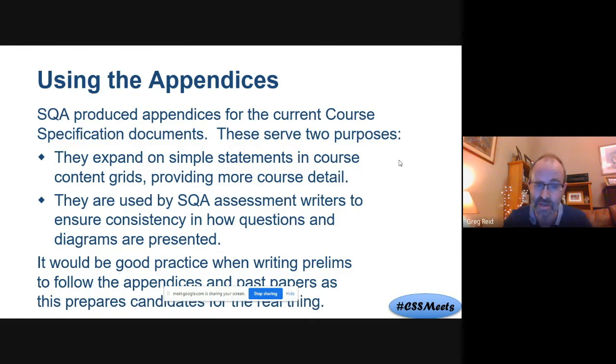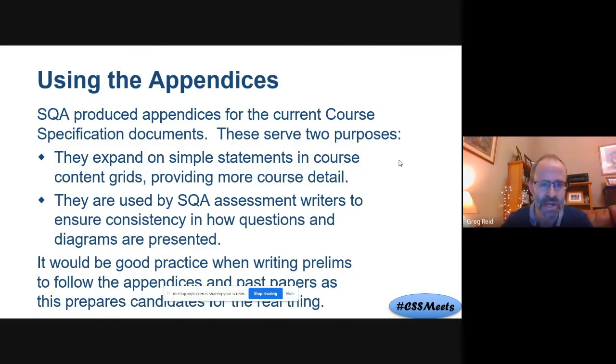And I would advise you, if you're going to do a prelim or an assessment and you're going to write a few questions, look at the appendices, because they show you examples of how we're going to lay out a database table, how we're going to lay out code, how we're going to write the standard algorithms, what nomenclature we're going to use when showing a one-to-many relationship in an ERD. All of these things are in there so that we have consistency when we produce papers.